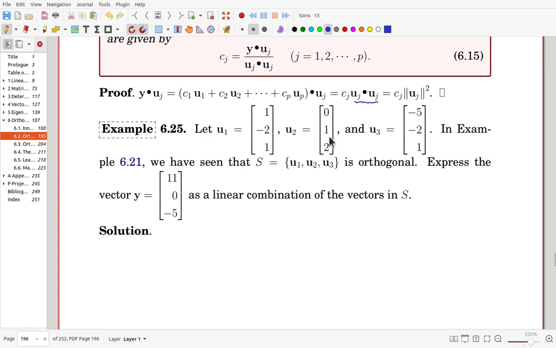Now, U1, U2, U3: in the last example, we showed that the set of these three vectors forms an orthogonal basis.